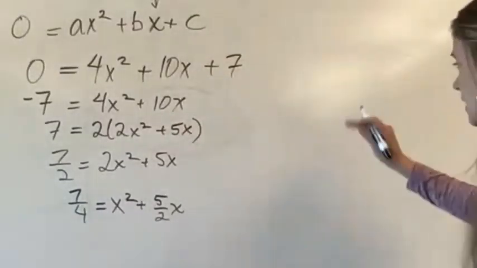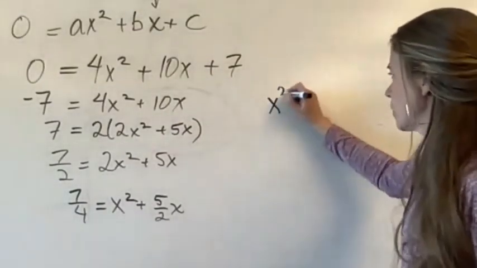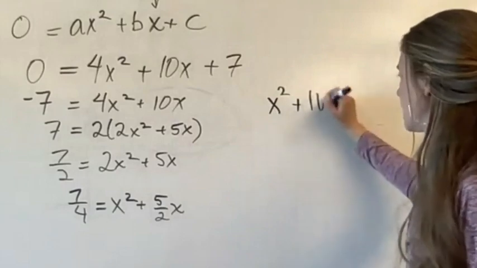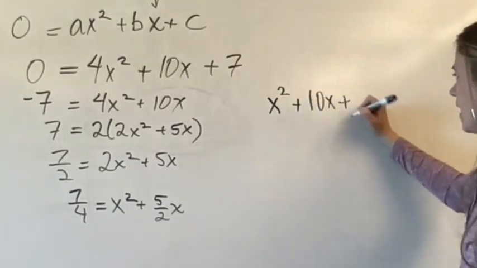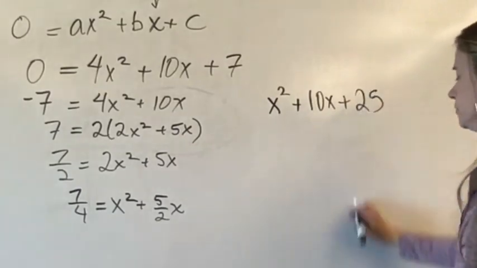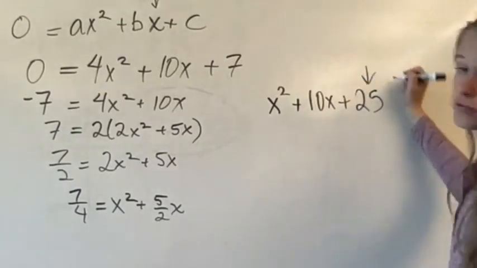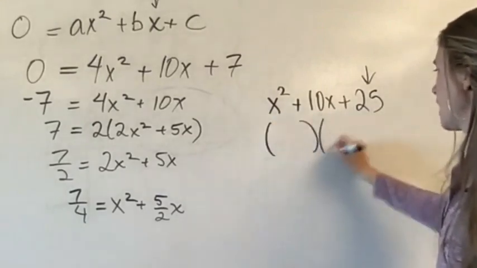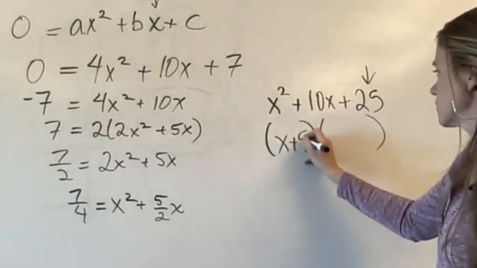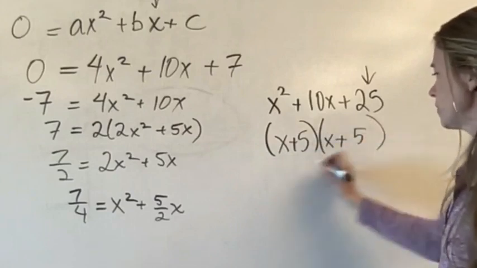So if I have, let's do an example. If I have x squared plus 10x, if I have 25 here, then I know that this actually equals x plus 5 times x plus 5. So you've probably done this.